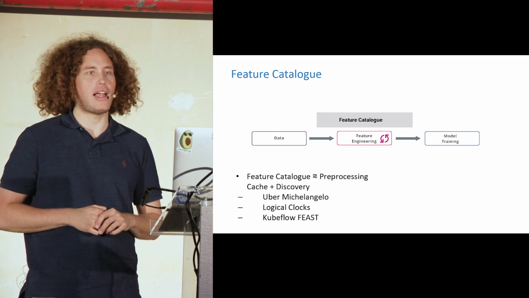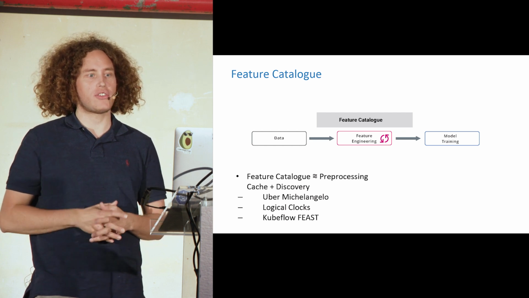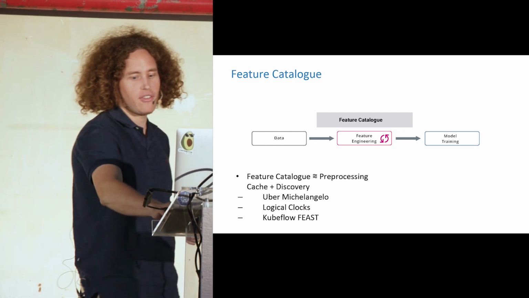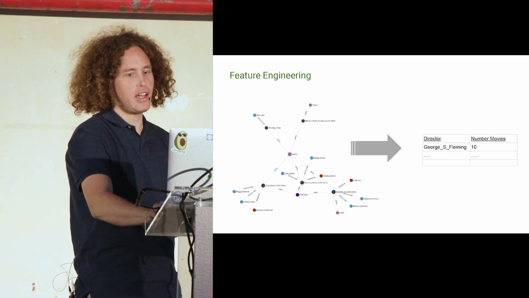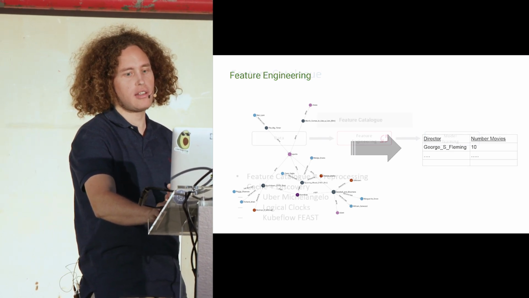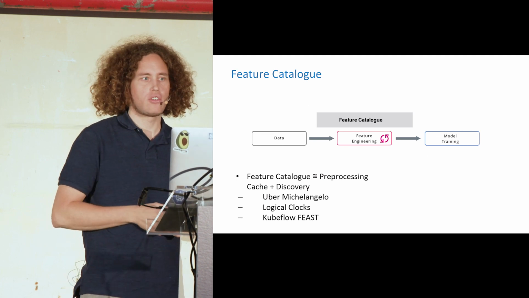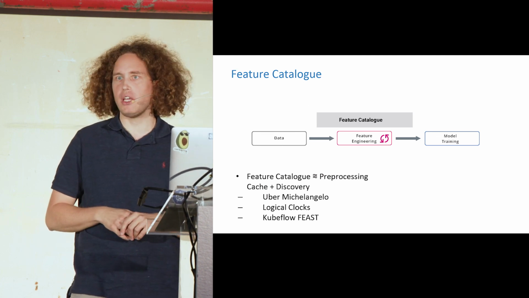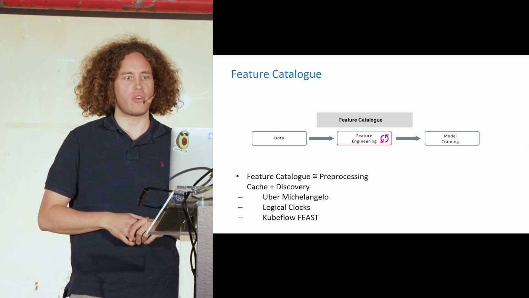And this allows me to cache the results of feature engineering. So if I have come up here with my directors list, I can persist that, and also I can make it discoverable by other data scientists. So for example, imagine I'm Airbnb, I've just built my first user model and I want to do fraud detection.